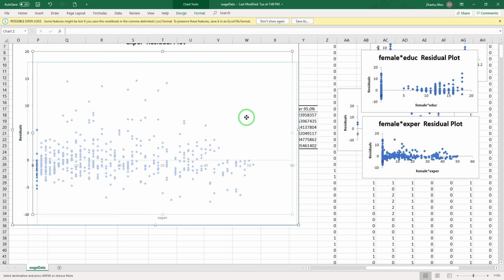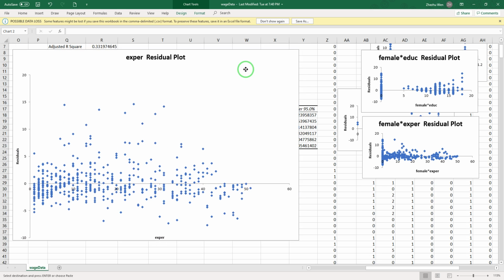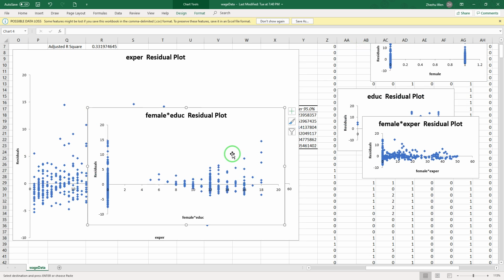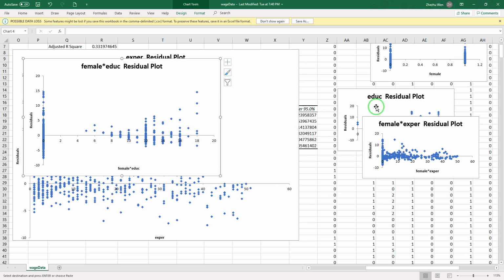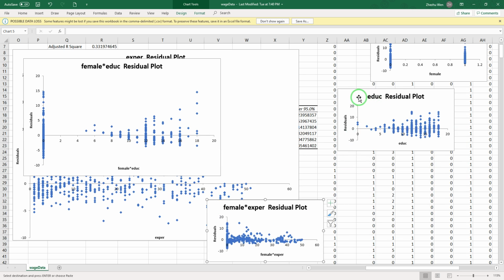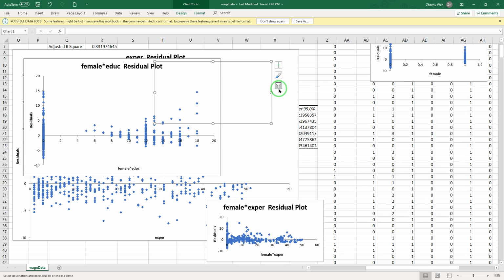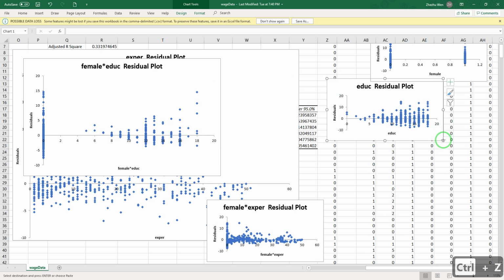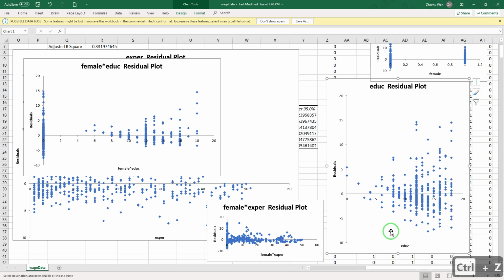Here, this is the residual plot I showed you earlier. The residual plot with the experience predictor. This residual plot also reported the interaction terms. I wouldn't put too much emphasis here. The residual plot on the education, okay, which is exactly the same as you've seen earlier.